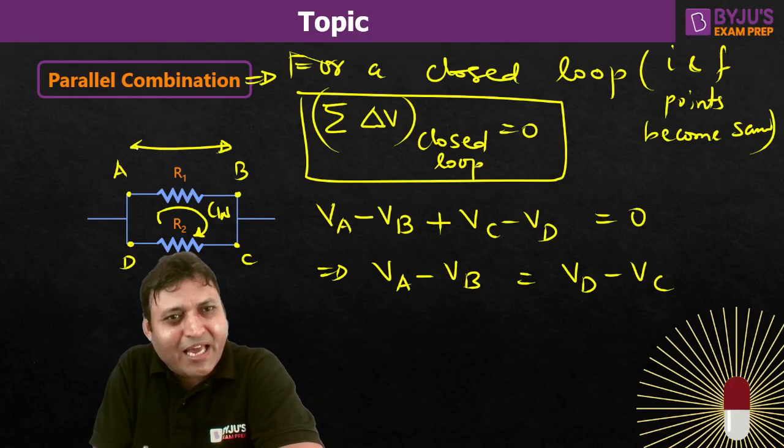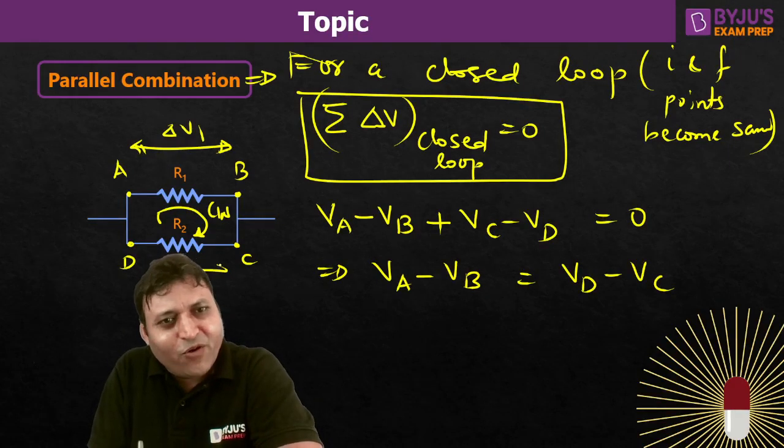VA minus VB can be written as delta V1 and VD minus VC as delta V2.